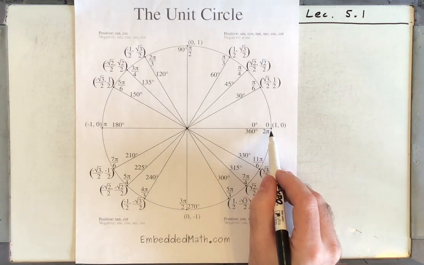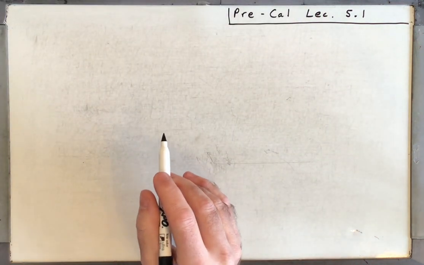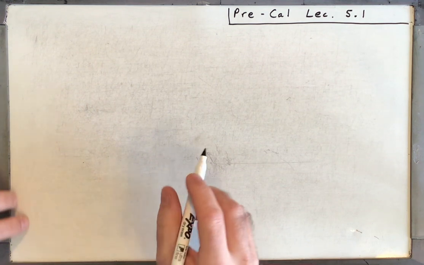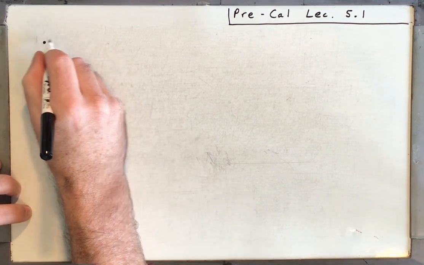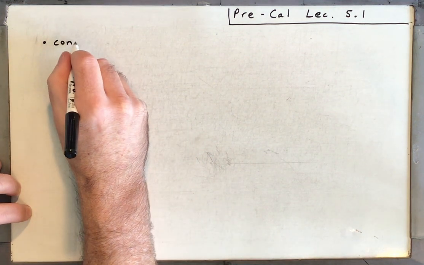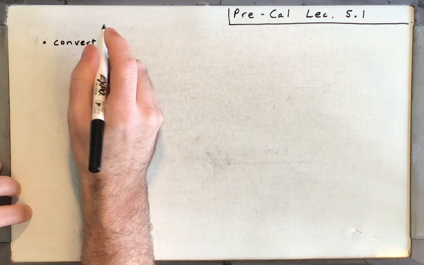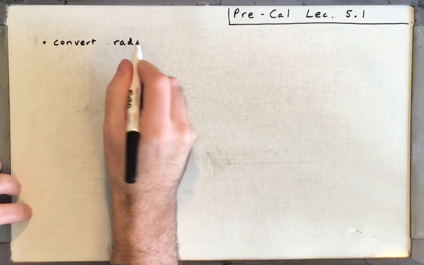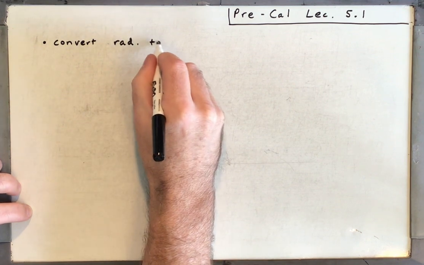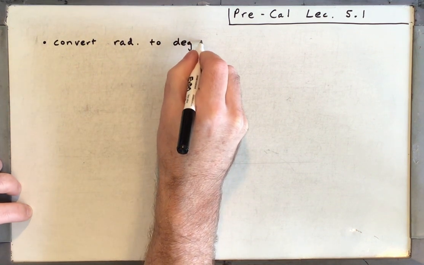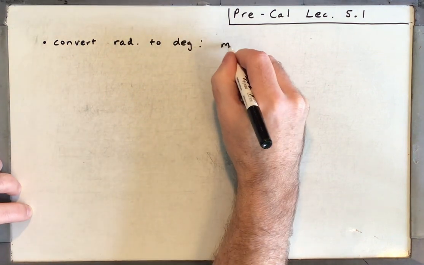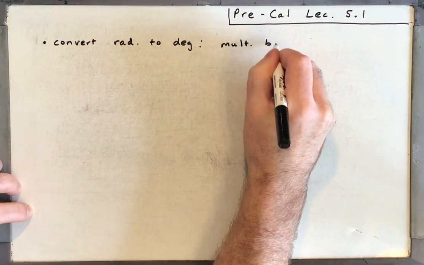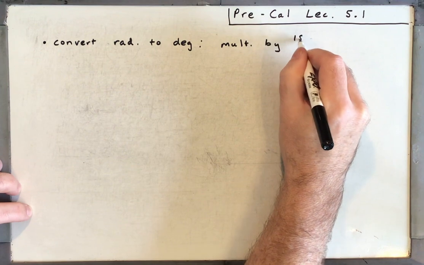So to convert between degrees and radians: to convert radians, which we will abbreviate RAD, to degrees, we multiply by 180 over pi.